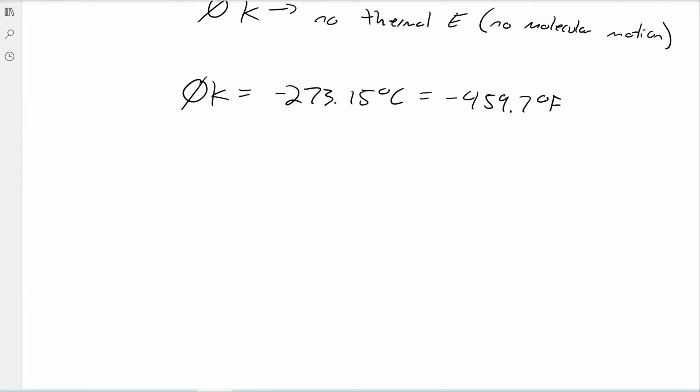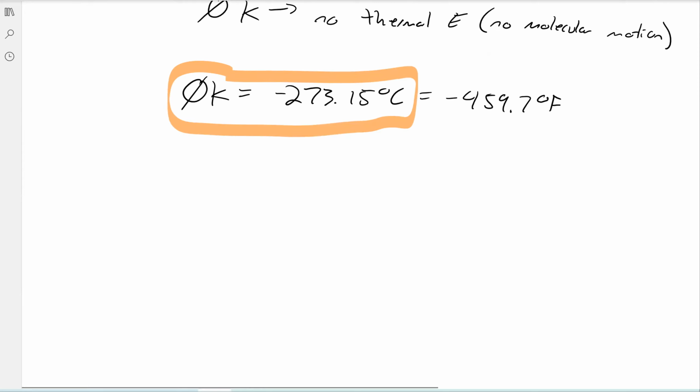And so let's just take a look at a conversion. Again, I'm not going to ask you to go from Celsius to Fahrenheit. I'm only going to ask you to go from Kelvin to degrees Celsius. So the equation that we have here is that Kelvin is equal to degrees Celsius plus 273.15.